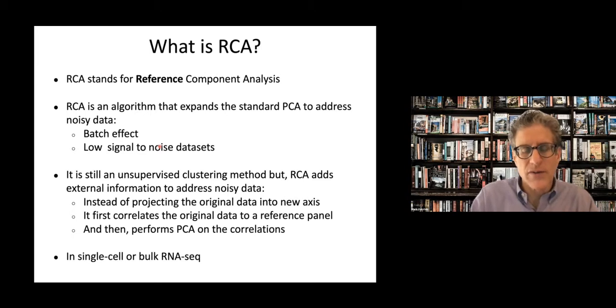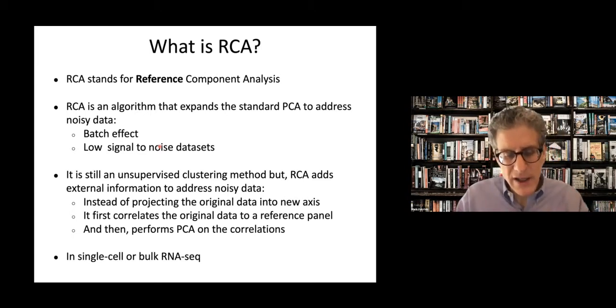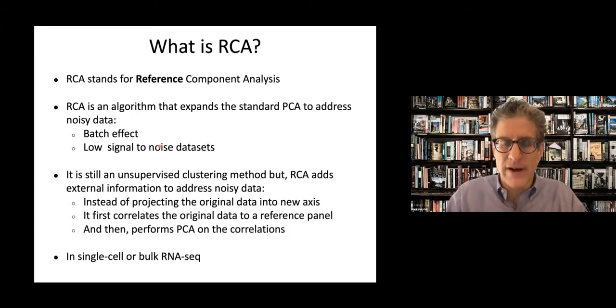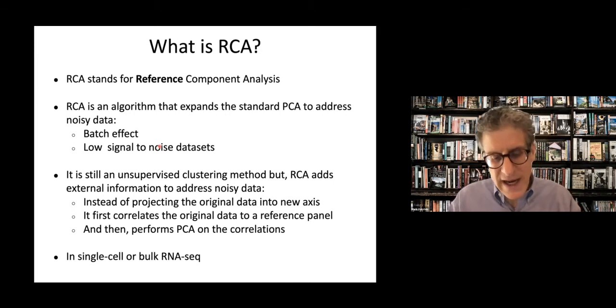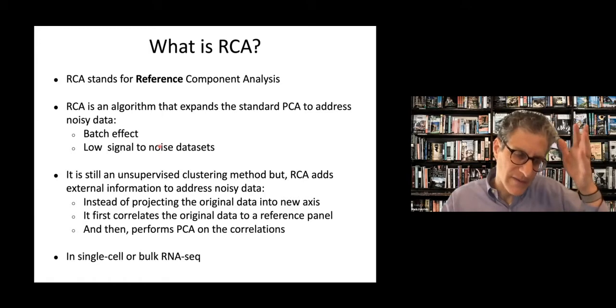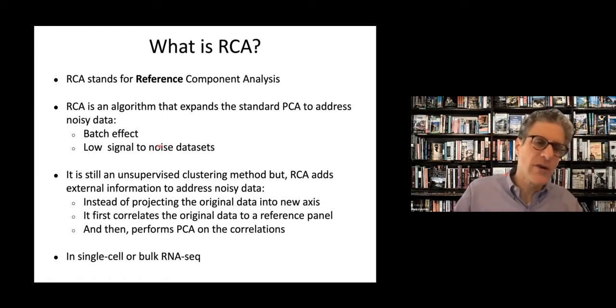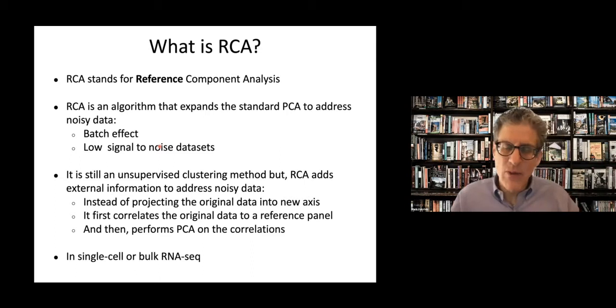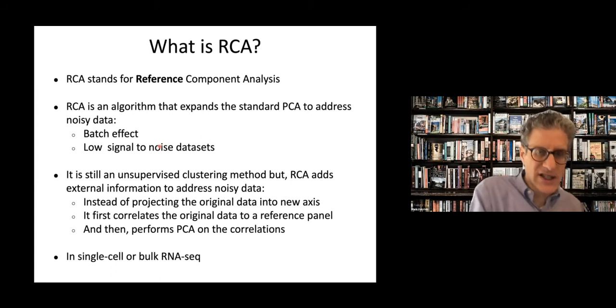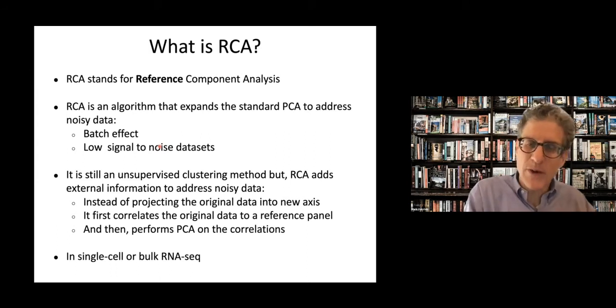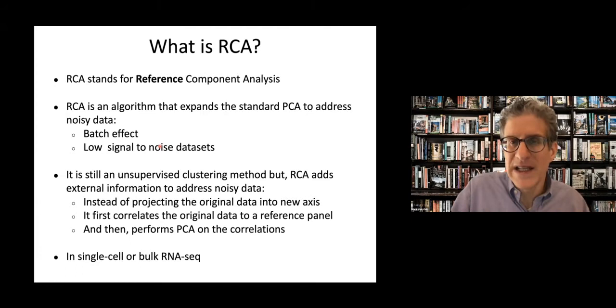So we're not going to directly take our data matrix and run it through SVD or PCA. Instead, we take our data matrix and project each vector in it, each column, onto a standard reference data set. Then we make a new matrix of the projections onto that, and we PCA that. That's RCA. It denoises things because it moves us into these reference components, and we find the PCs from those first.